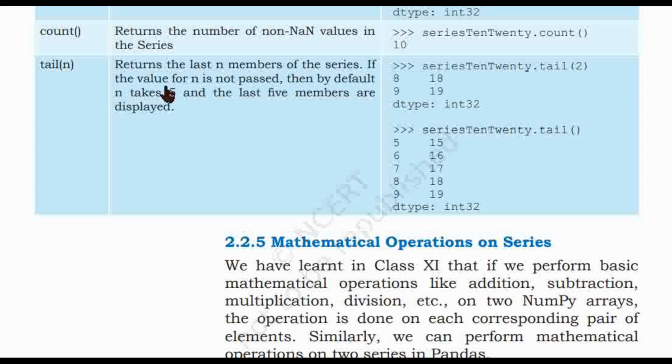If the value for n is not passed, then by default n takes 5 and the last 5 members are displayed. series1020.tail(2) gives 18, 19, dtype int32. series1020.tail() gives 15, 16, 17, 18, 19, dtype int32.